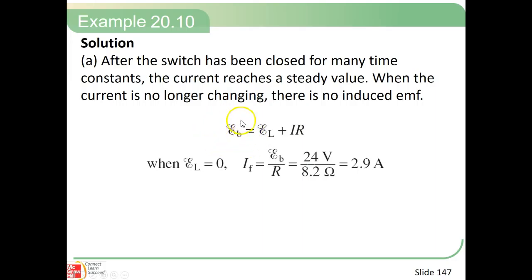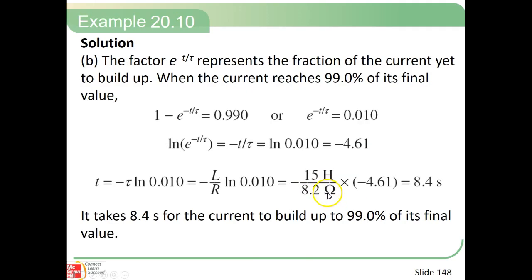The EMF of the battery should be equal to the EMF in the inductor plus the current times the resistance. When E_L is equal to 0, when the EMF no longer exists, then we have our final current. That is the EMF of the battery divided by the resistance, so it's about 2.9 amps. Pretty easy to solve for.